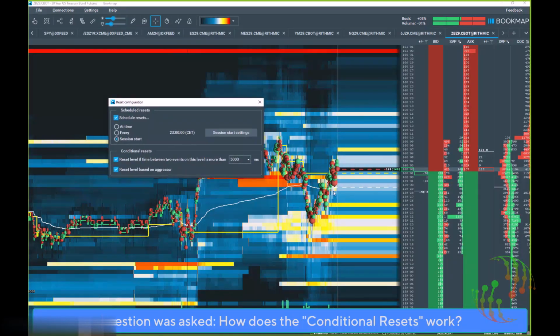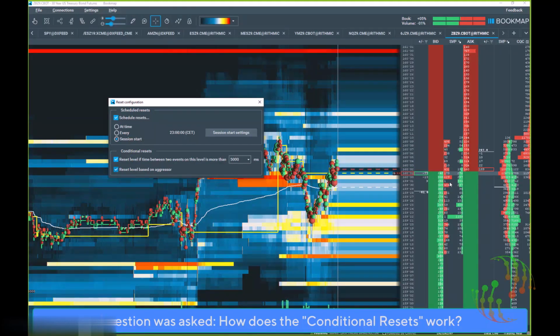So because the treasury here, the ZB, 30-year bond here, takes a lot of time, because they are moving one fraction up or down.